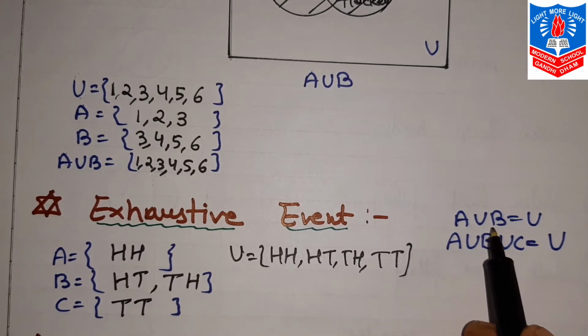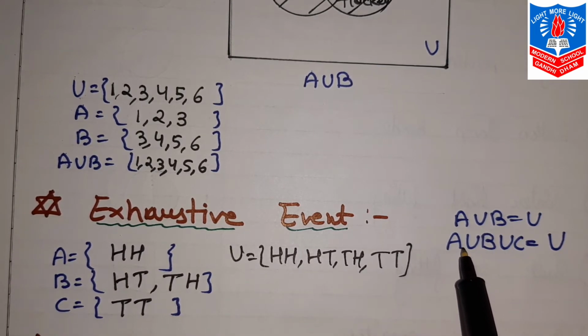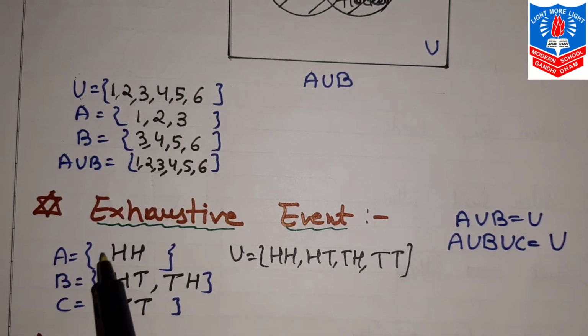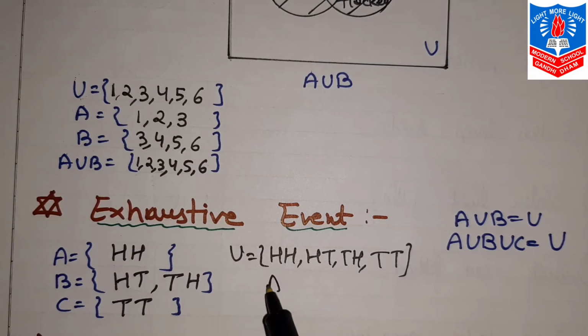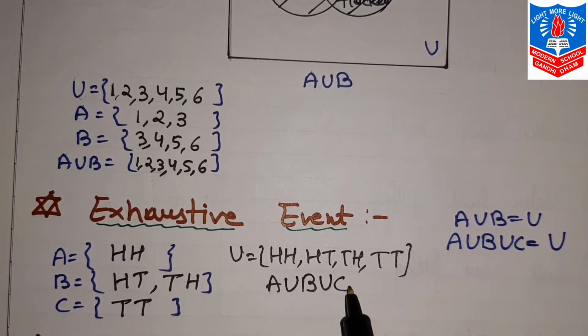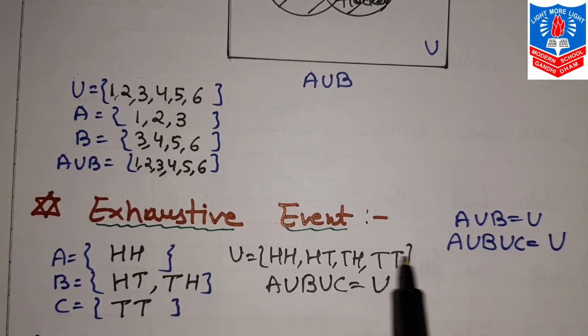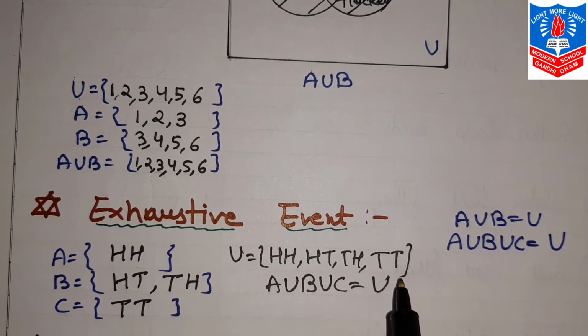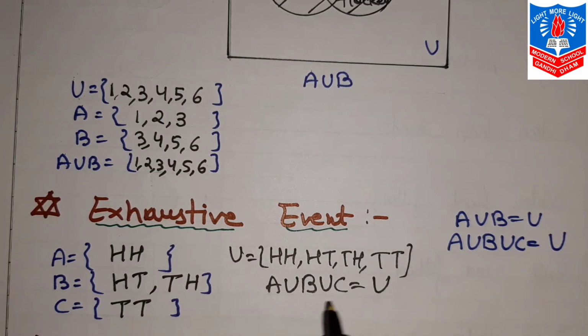So what is an exhaustive event? Here you can see A union B union C is equal to U. A, B, C together are equal to U only. So this is known as an exhaustive event. When we solve sums, the question will be asked this way, whether the event is exhaustive or not, or sometimes it will be given that it is an exhaustive event.